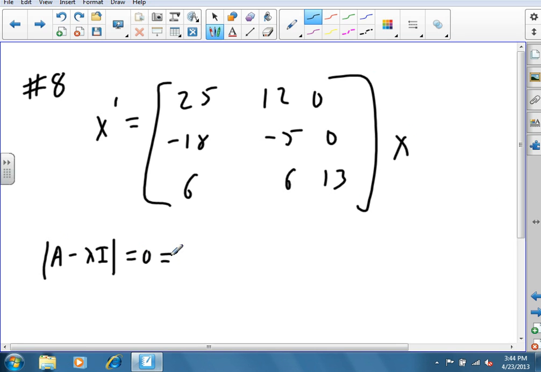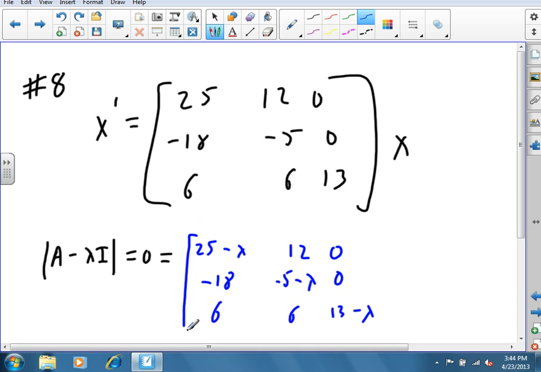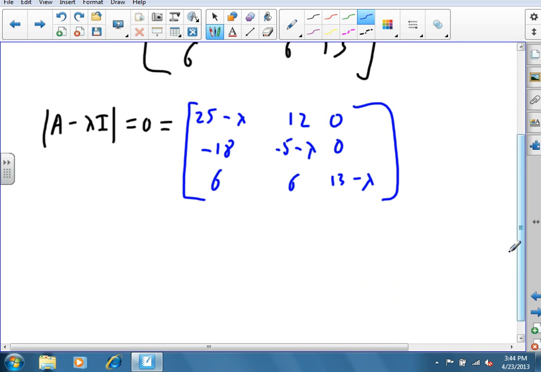That's what I want. It's nice to want things, right? So I got 25 minus lambda, 12, 0, minus 18, minus 5 minus lambda, 0, 6, 6, 13 minus lambda. Okay, so that's what I have.